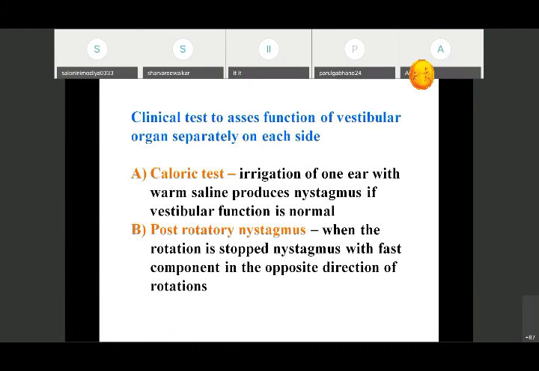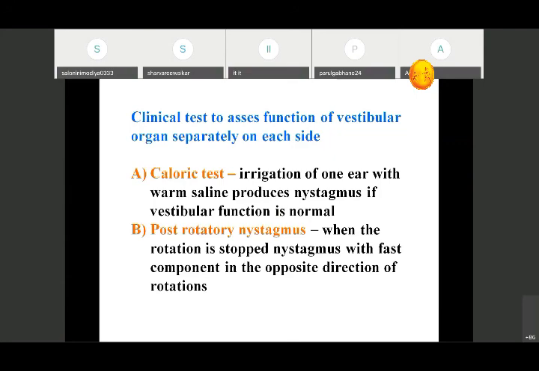Now the clinical tests to assess the function of the vestibular apparatus can be done separately on each side. These tests are the caloric test and post-rotatory nystagmus. In the caloric test, we irrigate one ear with warm saline, at a temperature plus or minus 7 degrees from the body temperature of the patient.